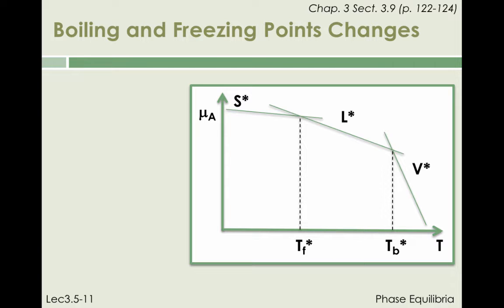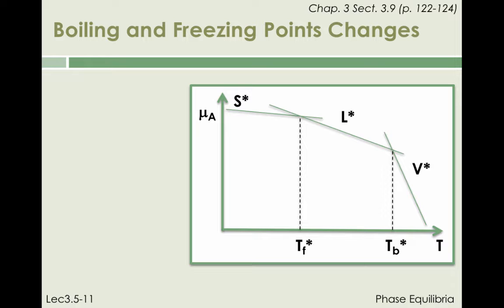On such a plot, we see the decrease in solvent chemical potential with increasing temperature for all three phases of the solvent. The slope of solvent chemical potential versus temperature increases from solid to liquid to vapor, reflecting the increase in molar entropy from solid to liquid to vapor.